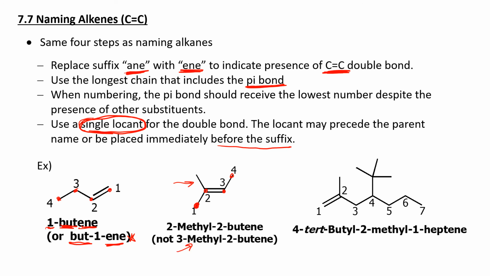All right, next we have a long carbon chain with 1, 2, 3, 4, 5, 6, 7. Remember, the alkene should be part of the parent chain. That's why I included this one and not this one. The alkene has to be part of the parent chain. And we want to give the alkene the lowest possible number, so I start numbering from the left. My substituents that I'm dealing with here, I have a 2-methyl.